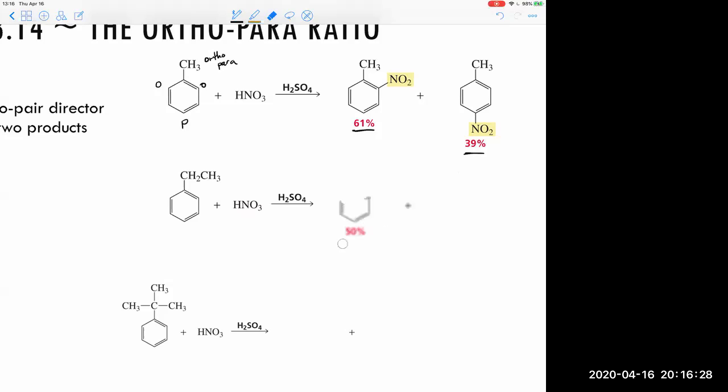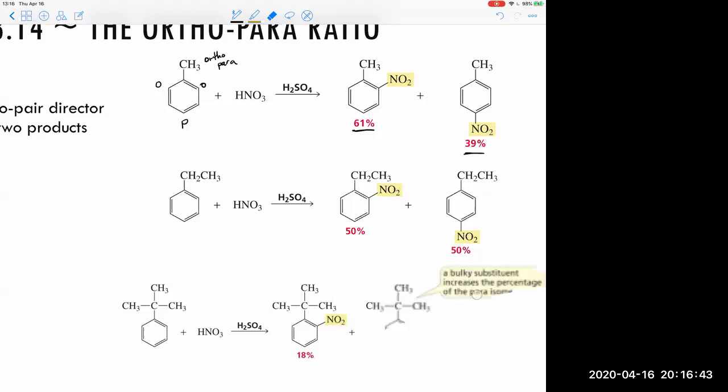If instead of a methyl group we have an ethyl group, we're down to a 50-50 distribution. And if we have something huge like this big tertiary alkyl group, we get very little of our ortho product, and we see more para product because of that steric hindrance.